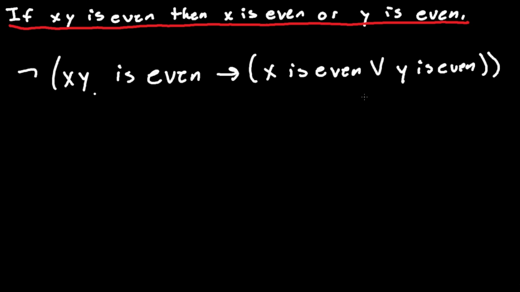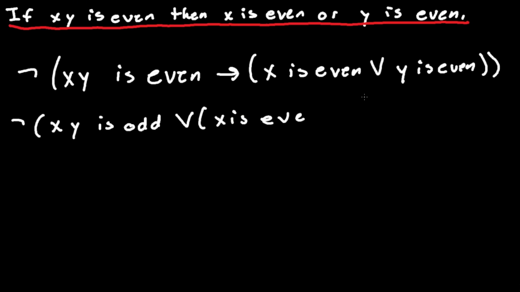So what do we do? Well, we can use the conditional identity to get not xy is even, therefore that means xy is odd, or x is even or y is even.